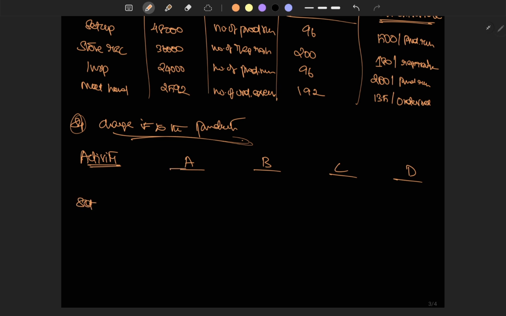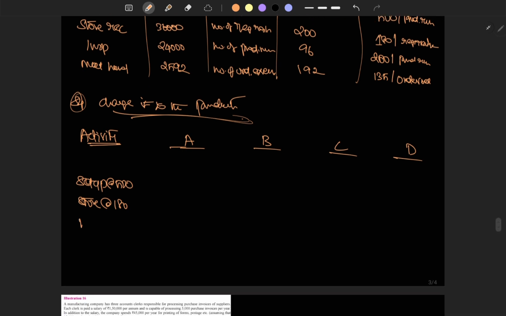Our setup cost is 500, stores is 180, inspection is 250, material handling is 13.5.